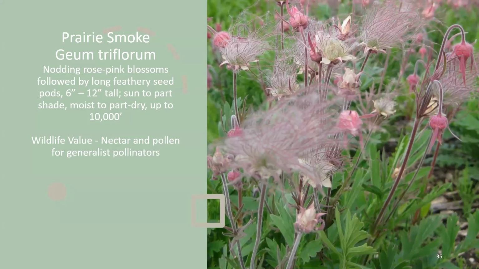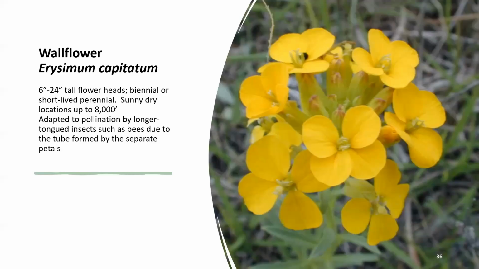Wildlife value is nectar and pollen for generalist pollinators. So the idea of generalists, often daisy-shaped flowers that are flat and easy to access, will attract a lot of different species. And generalists are the opposite of specialists. They'll go to anything they can get nectar from. And so that is what is drawn to these.